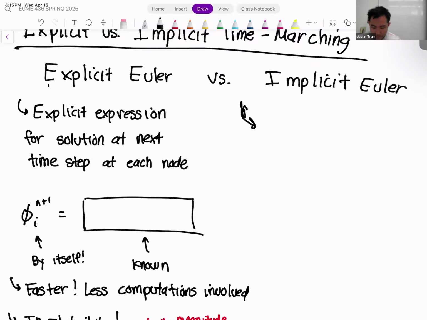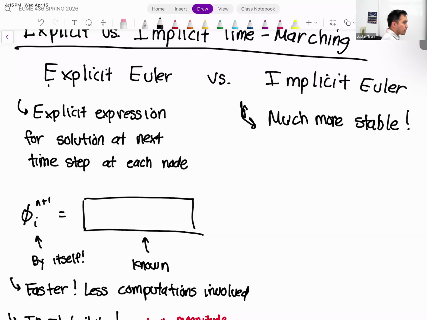Okay, so the benefit for implicit schemes is that they are much more stable. And so that means there is not as strict a requirement on the time step size.